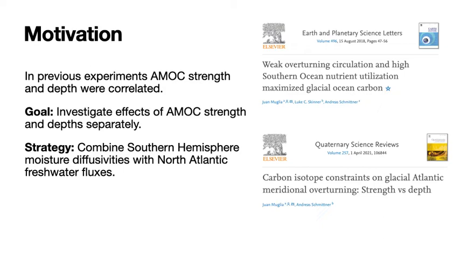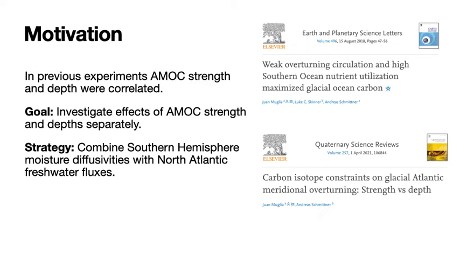So, for example, if the moisture diffusivity, the moisture transport in the atmosphere, is increased, Antarctic bottom water gets fresher, and that leads then to a stronger and deeper AMOC. And so this forcing results in this correlation between AMOC strength and AMOC depth. So a stronger AMOC is always deeper in these simulations, and a shallower AMOC is weaker.